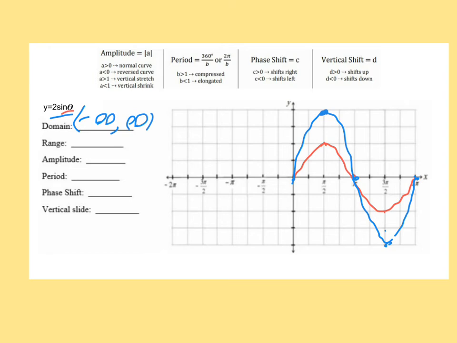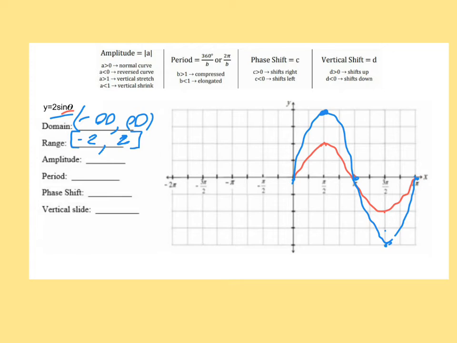Our range has changed. Now our lowest value is -2, our highest value is 2. Therefore, our range is -2 to 2, all inclusive. Amplitude. Our amplitude has also changed.